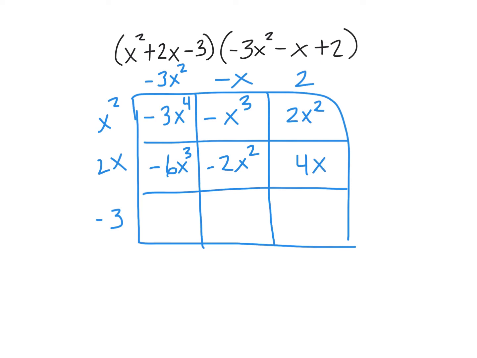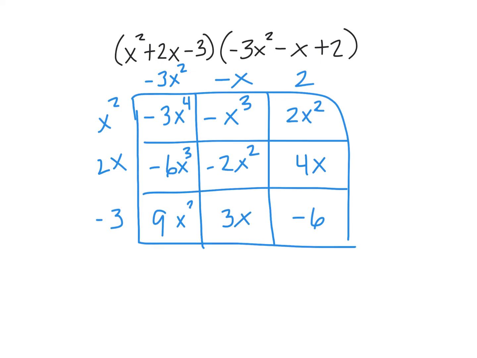And then in our last row, negative 3 times negative 3x squared is positive 9x squared. Negative 3 times negative x changes to positive 3x. And negative 3 times 2 changes to negative 6.